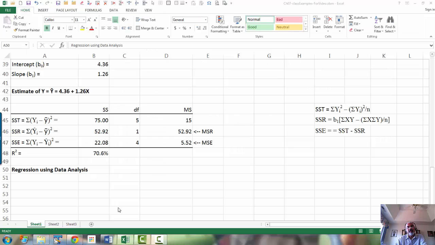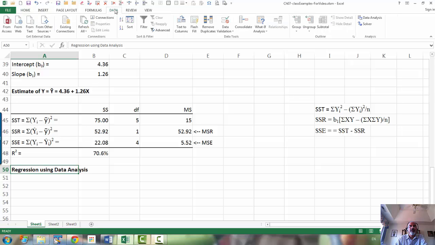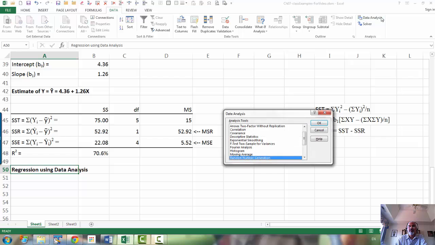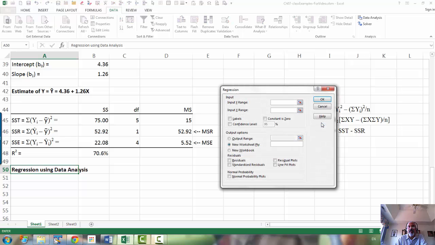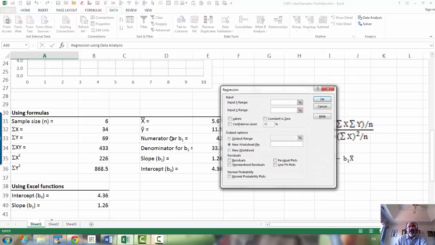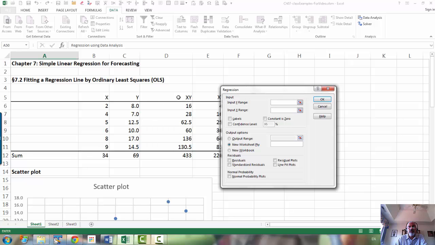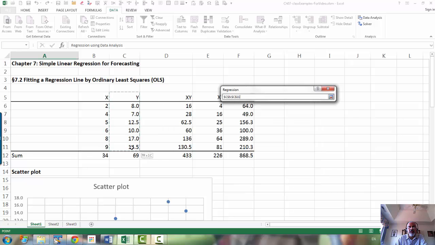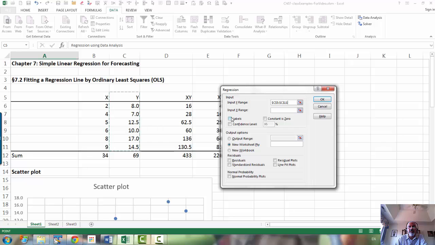Now let's look at generating the regression results, everything that we have calculated so far, using Data Analysis. So you go to Data Analysis, and then select Regression from the list. Click OK. Now the Y range: if you include the label, which is a good practice, we can check the Labels box here.